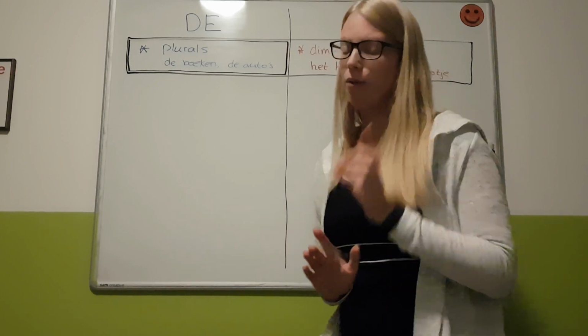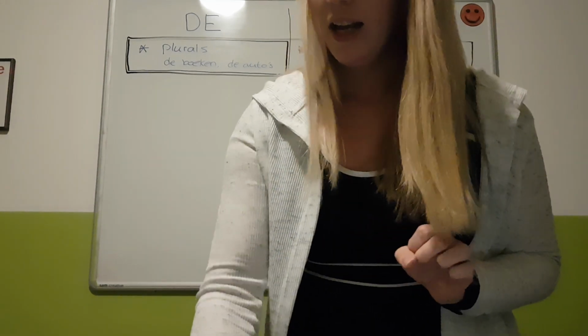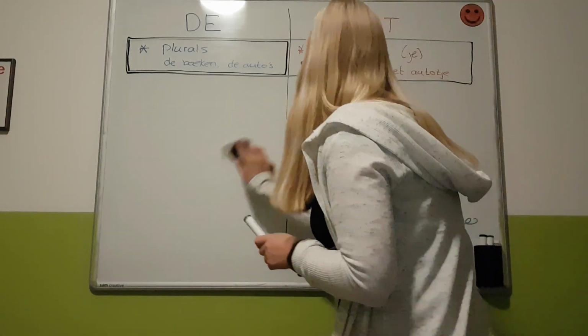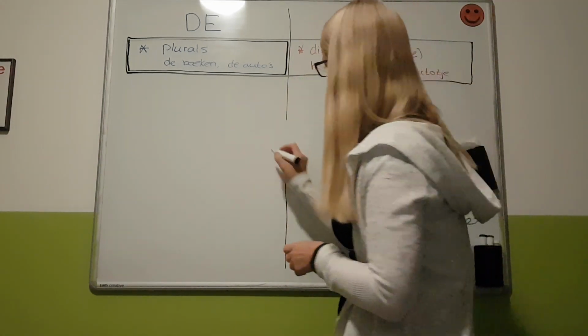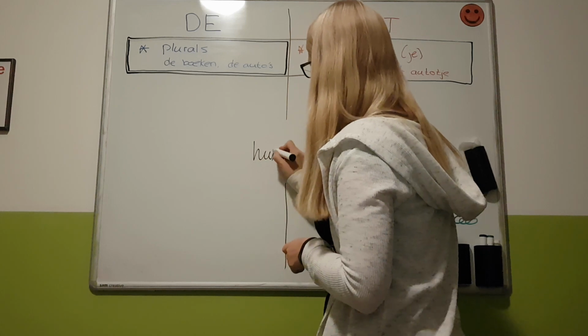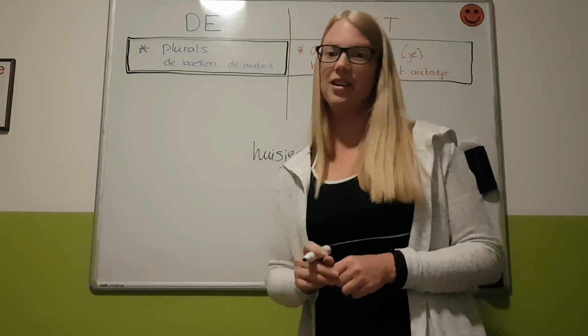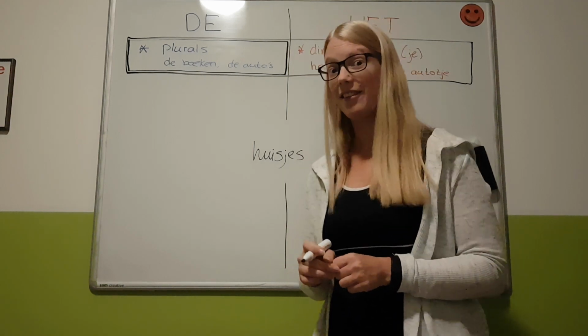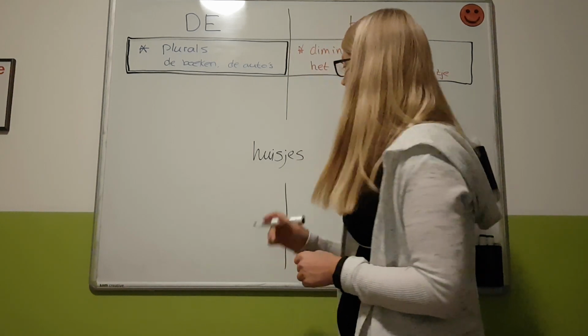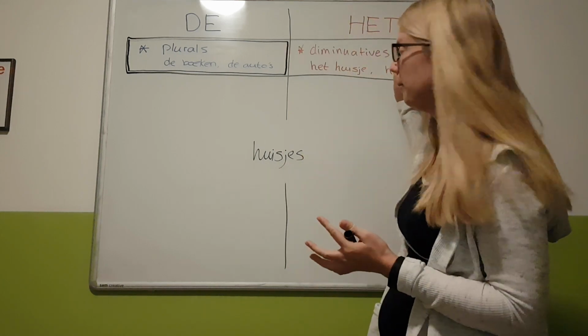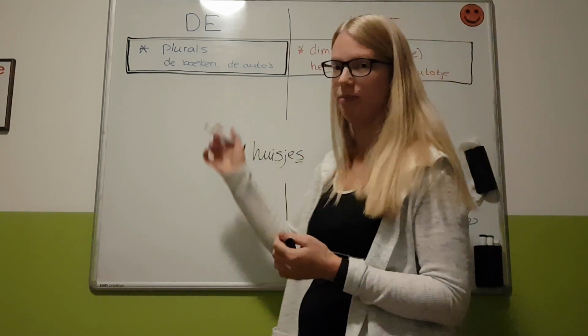Okay, now I have one question for you. If we would write the word huisjes, would it be de or het? It is a diminutive with je, but it's also plural.